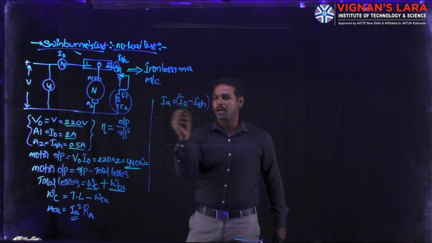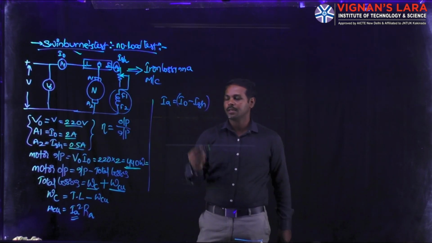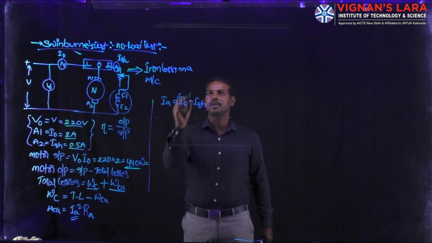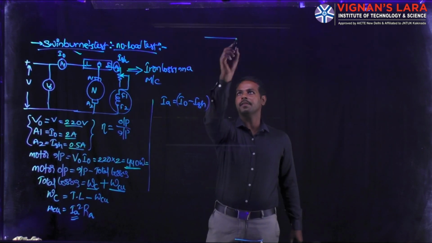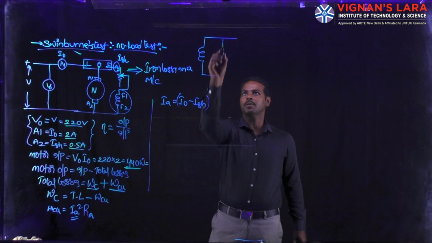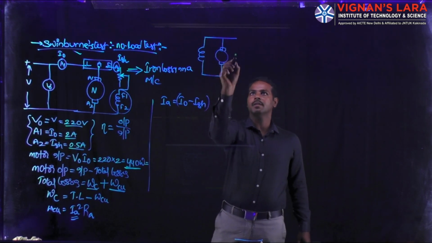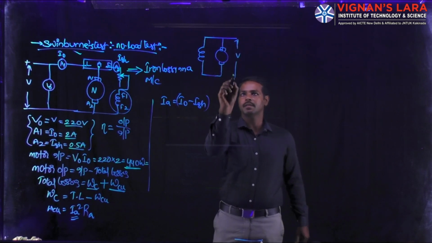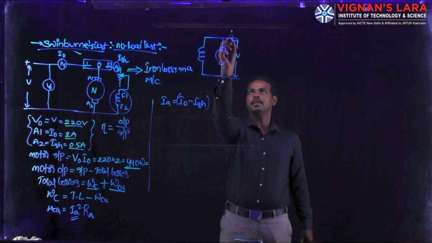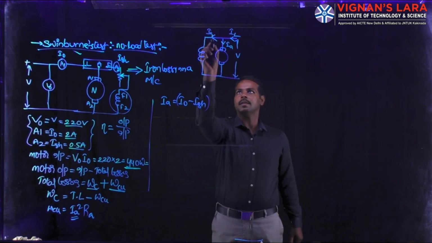This equation comes from another equation for the shunt motor, where the armature and the field winding are across the supply voltage, with line current IL, armature current IA and shunt current ISH.